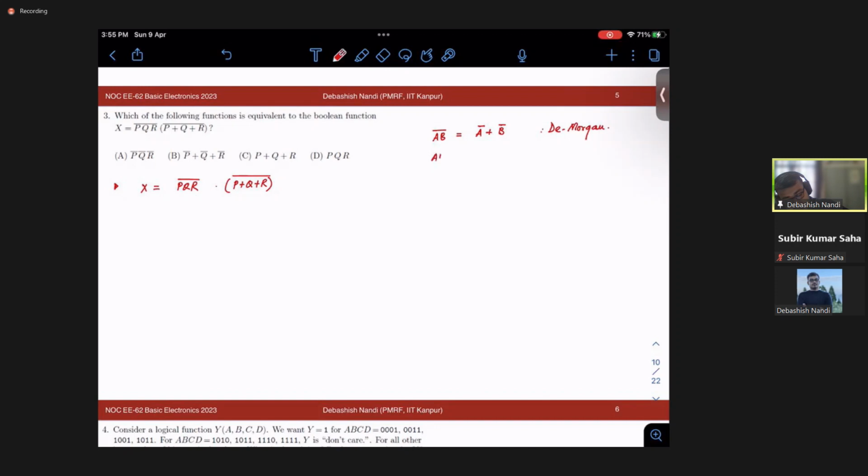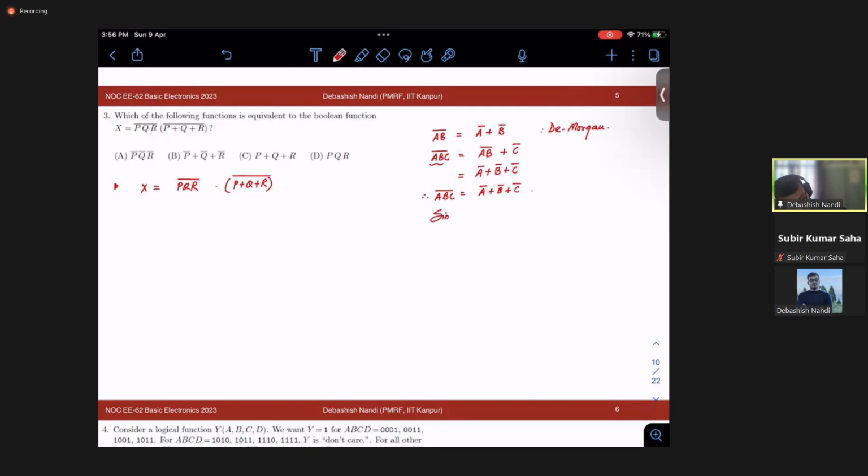Similarly, ABC you can write as AB bar plus C bar, right? This you take first, and then again AB bar you can write A bar plus B bar plus C bar, right? Okay. So what do you have for three quantities? A bar plus B bar plus C bar.